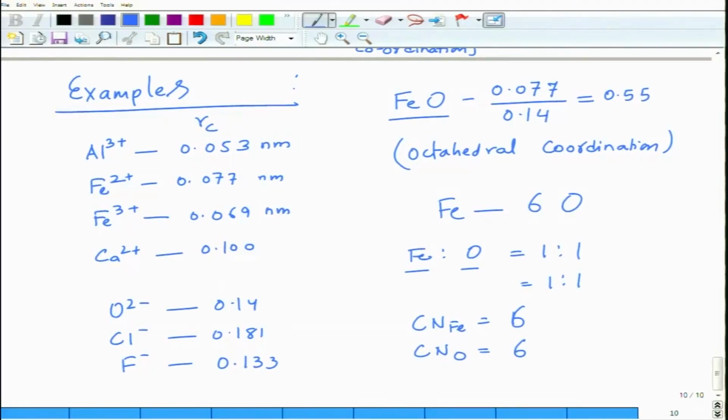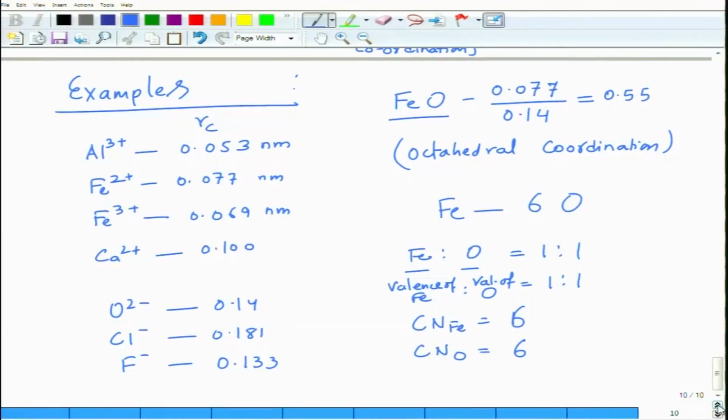They will have to maintain this. So this is for charges. The valency basically, right, plus 2 electrons you have which it can give, 2 electrons it can take, right. So valence of Fe with respect to valency of oxygen, that is also 1:1. So coordination number should also be equal.